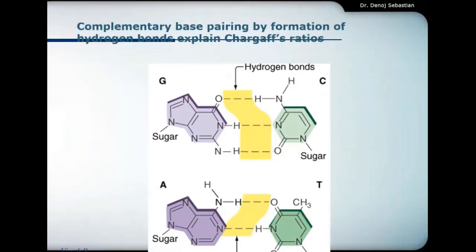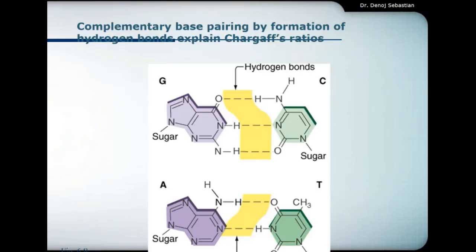The main point is that the GC pair has 3 hydrogen bonds compared to the 2 bonds in the case of an AT pair. So the GC pair makes a more stable and stronger bond. So the GC pair will be stronger compared to the AT pair.